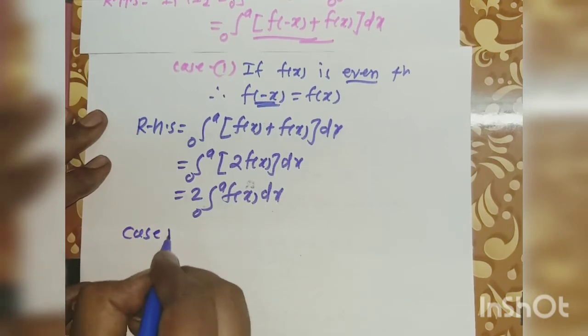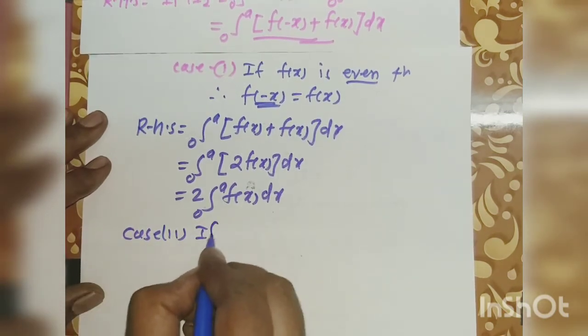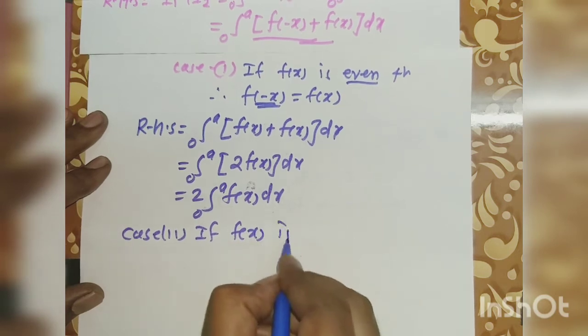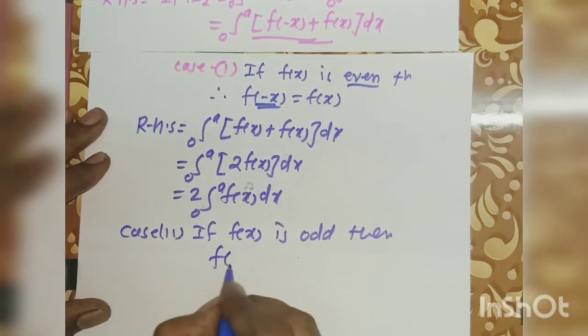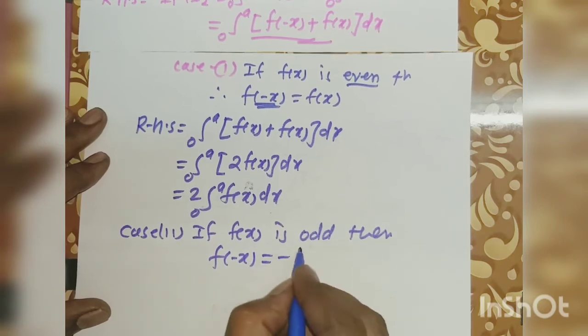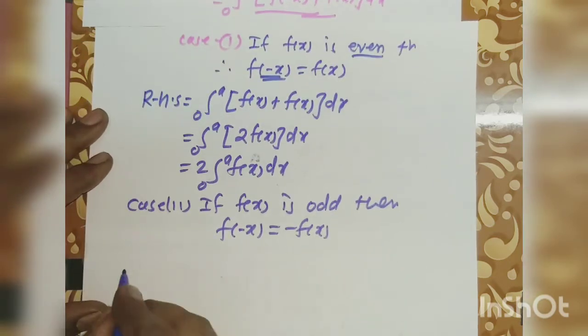Case second, if f of x is odd, then f of minus x is equal to minus f of x.